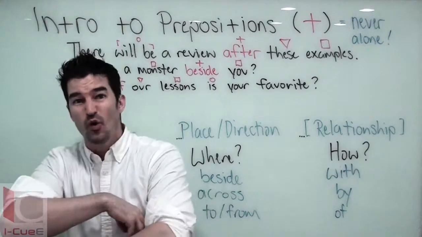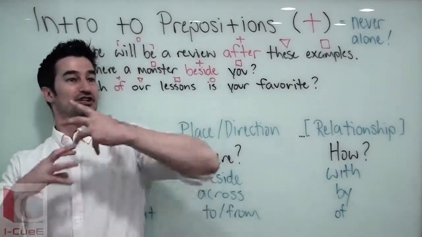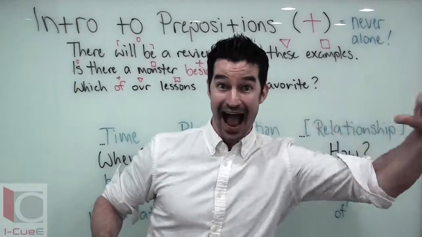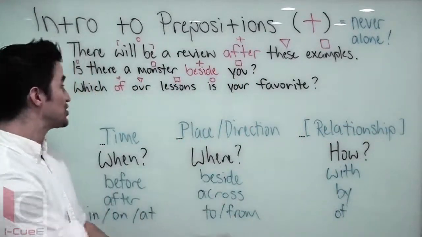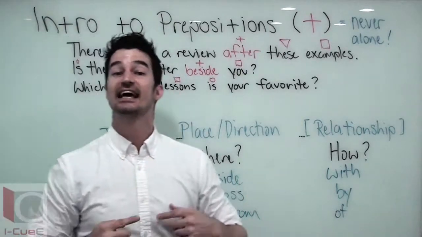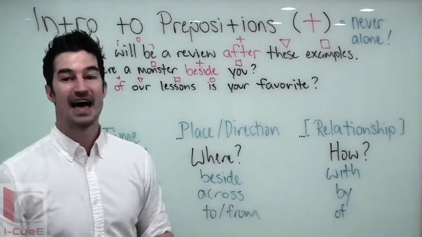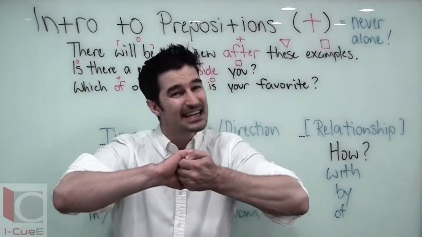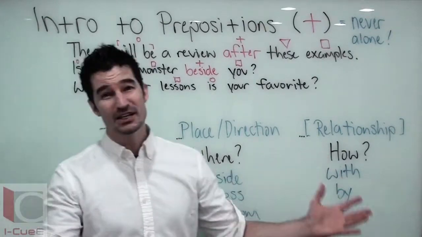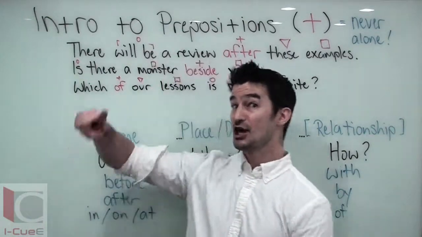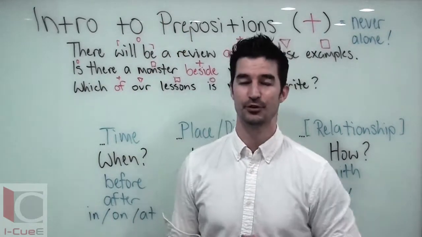We don't want to know which dessert or which teacher is your favorite. We want to know which of our lessons is your favorite, okay? So that would be an example of that kind of relationship. We're trying to connect this idea to something very specific. I know it's been a lot of information because it's a new kind of word, but let's review.